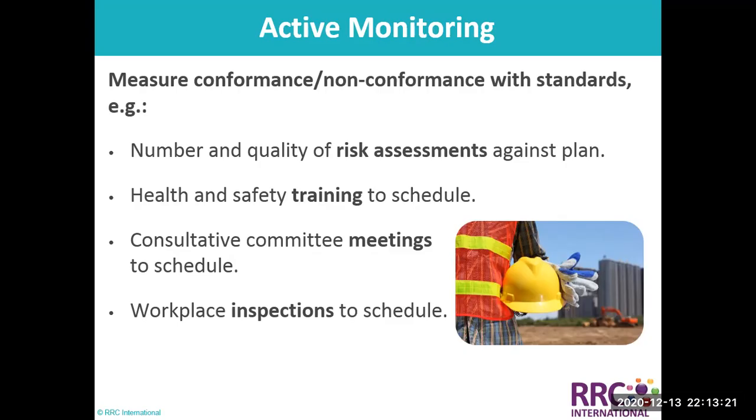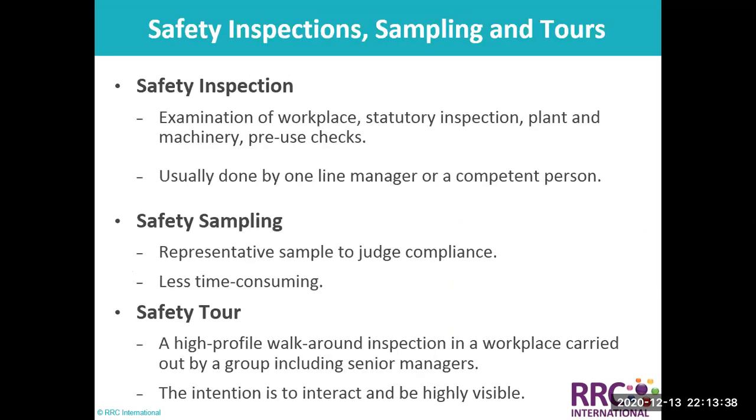And then workplace inspection to schedule. There are some that are statutory, some that are quarterly, and others planned as stated in your plan. Follow it through, and those inspections are also followed up to ensure that things don't go wrong. Safety inspection, sampling and tour.